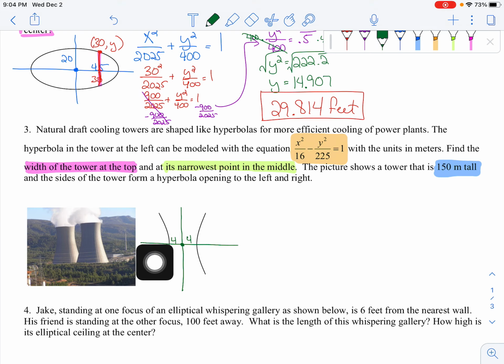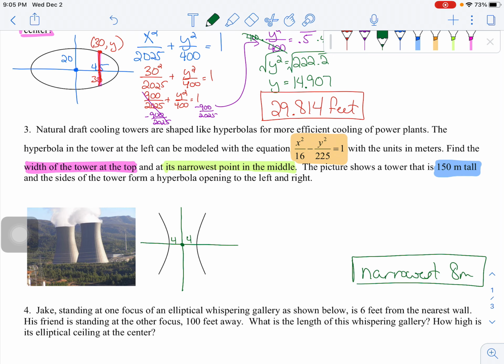So I'm pretty sure I now know the narrowest point. These two towers, right, the left and the right side of the tower, are 8 meters apart at its narrowest. Okay, it's 4 meters to the left of the center, 4 meters to the right, so a total of 8 meters. All right, so over on the side here, I'm going to put narrowest, and that was 8 meters. Okay, so that part I now know.